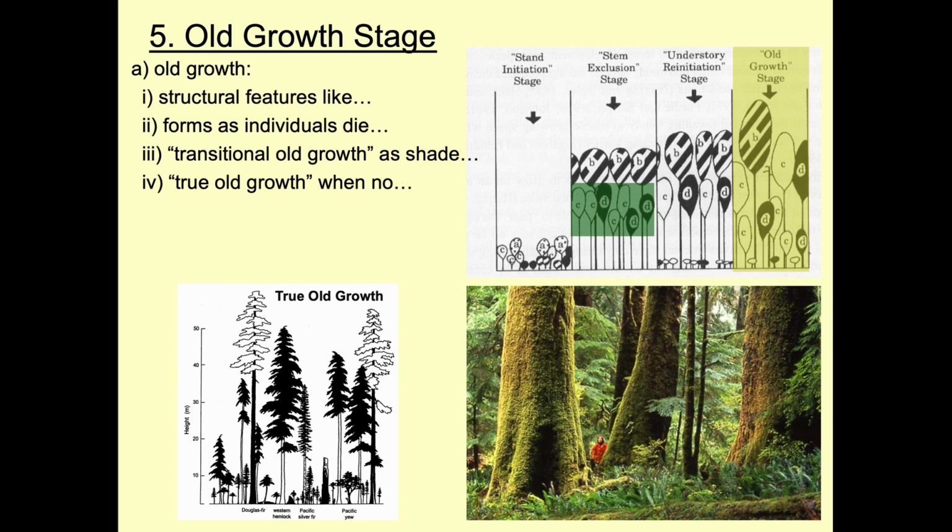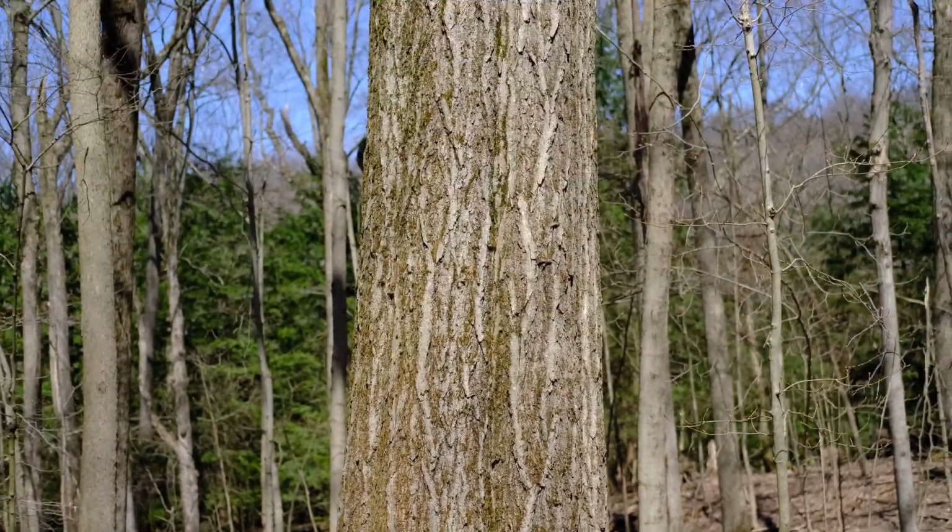Now, the term true old growth occurs later when no trees remain from the original cohort. This thus occurs following many years of transitional old growth. Stem exclusion continues during the stages of transitional and true old growth.